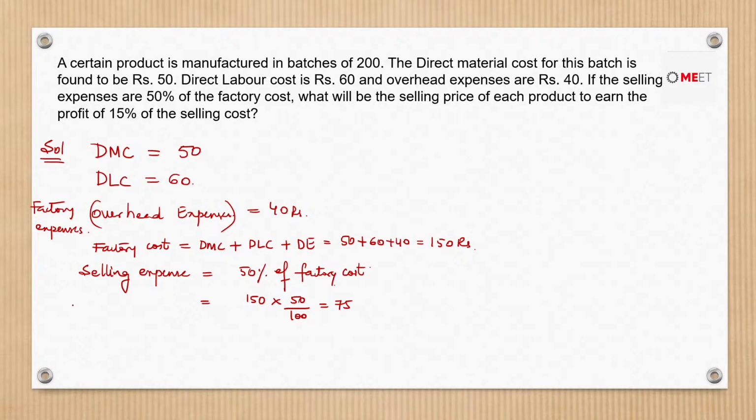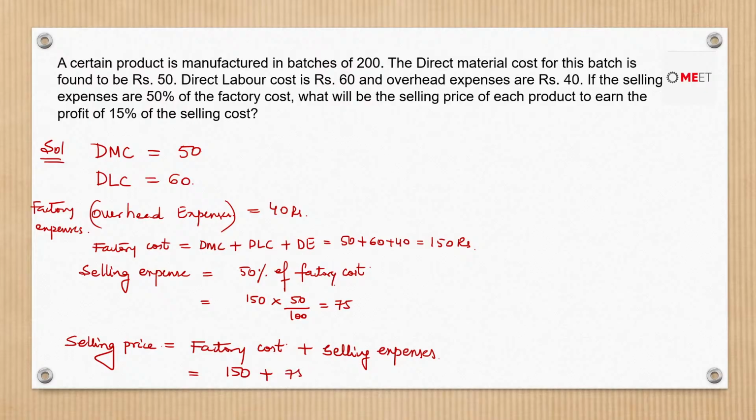Next is selling price, which is equal to factory cost plus selling expenses. Factory cost is 150 plus selling expenses is 75. This is equal to 225.